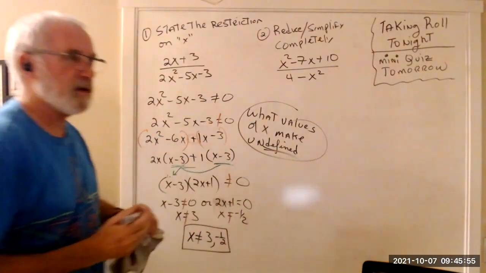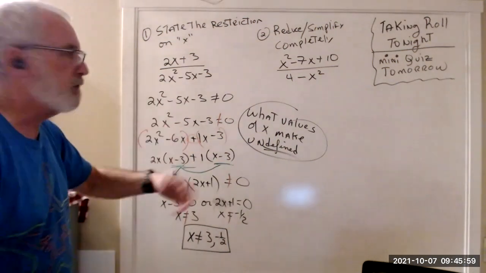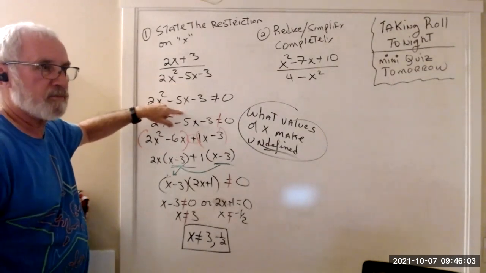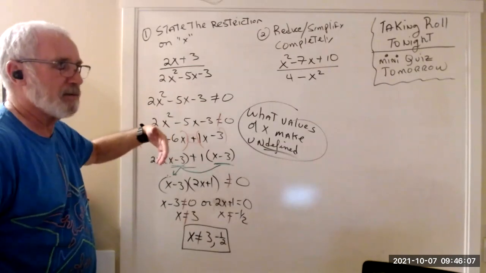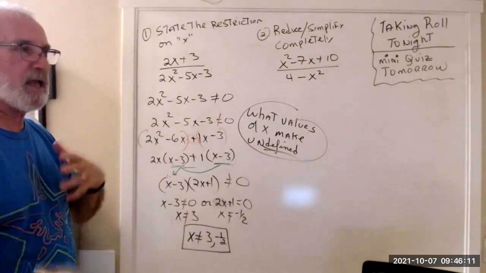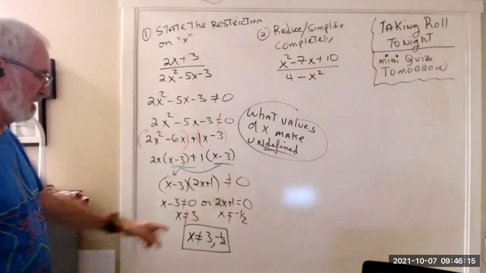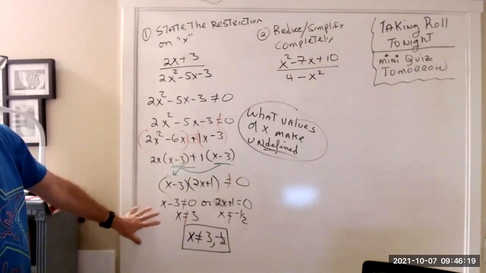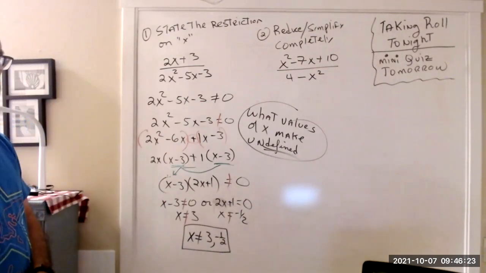Undefined becomes a key word there. What values of x make it undefined? Undefined means the denominator is worth 0. And so what makes the denominator 0? And so those are called restrictions. So it's like heads and tails. Same question, just different ways of asking it. But anyway, that's the problem that we did last night. State the restrictions or find the values that make it undefined.